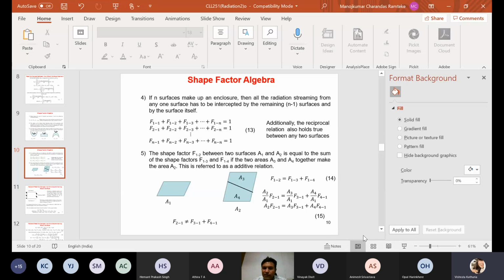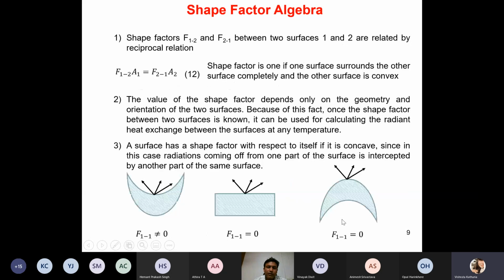Could you explain the concavity and convexity in the previous slide? How are we supposed to see it? I'm saying the surface is concave here. Remember, this is the concave surface. Radiation emitted from this part will be emitted in all directions, so some of it will be intercepted by this part if it moves in this direction.